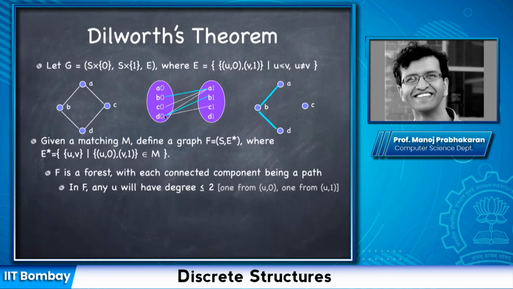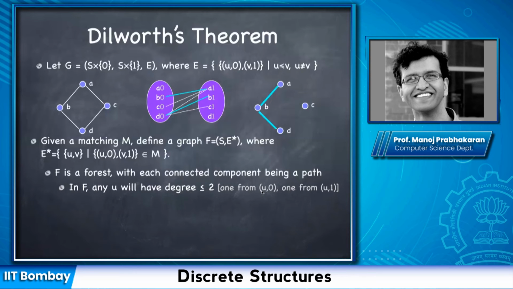In this case, D can have two edges in E star, one corresponding to D0 and another corresponding to D1, edges in the matching if they exist. But that's it. You cannot have more than two edges.